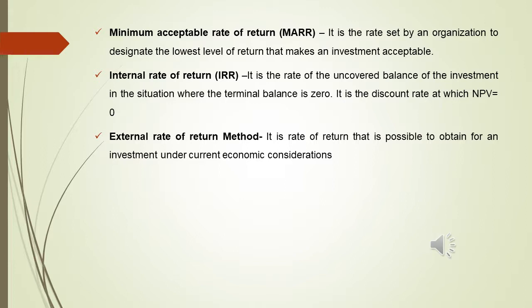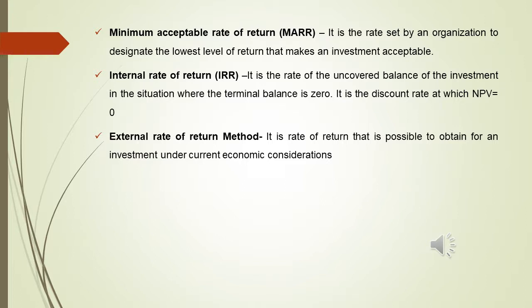So minimum acceptable rate of return, that is MARR. This is the rate set by an organization to designate the lower level of return that makes an investment acceptable. The least or the lower level of the return helps you accept your investment. So next is internal rate of return, IRR.